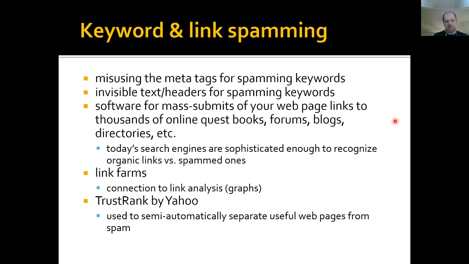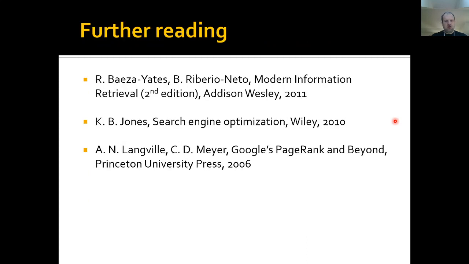I think it's clear what the point of this whole topic is. Okay, so we are done. There are many other books about the topic of search engine optimization and ranking, of course.